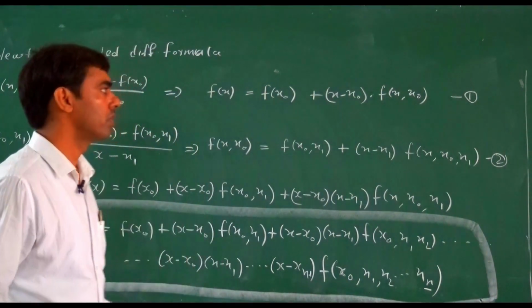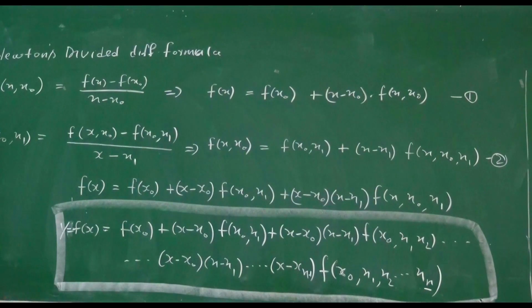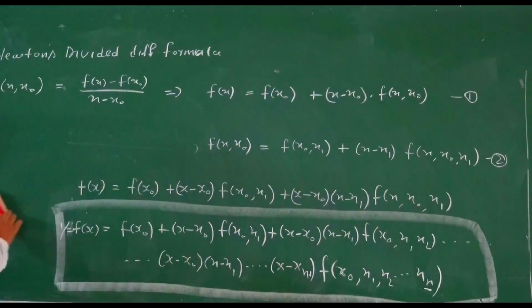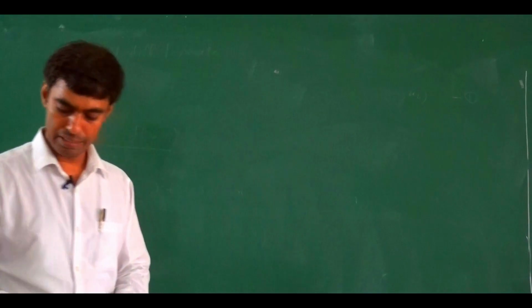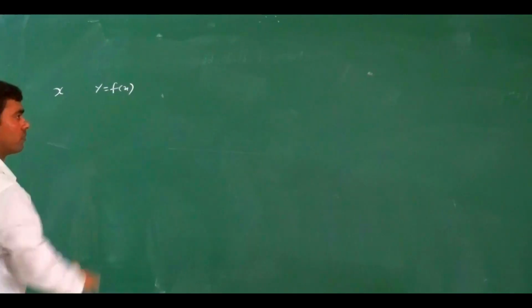Now we try to solve some numerical problems based on divided differences, or based on the Newton divided difference formula. Suppose we have data with x and y equal to f of x. This is a tabular value.